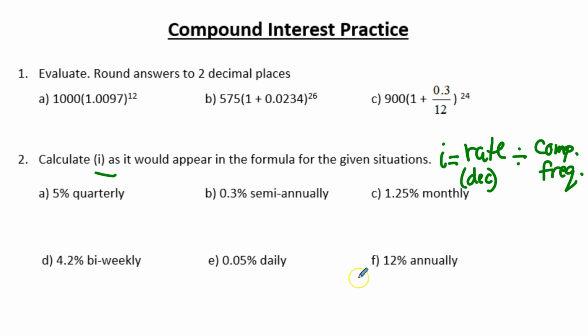Okay, so maybe we do this one. So we start with 0.042, okay, and we divide by the compounding frequency. Biweekly is 26. Okay, so whatever that is. All right, you take your rate as a decimal and divide it by the compounding frequency.